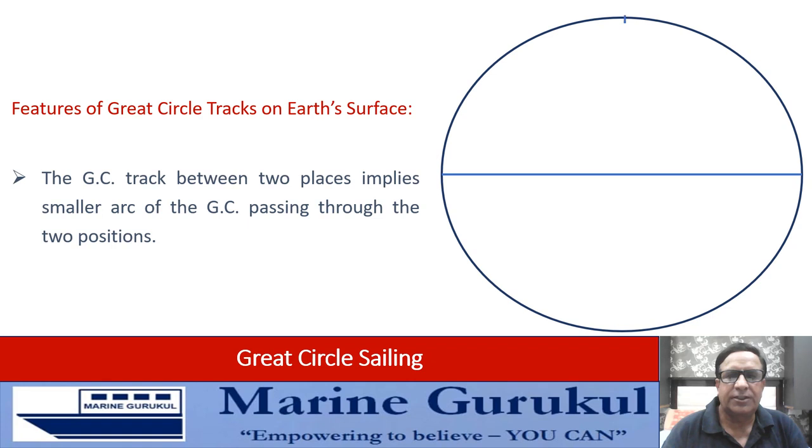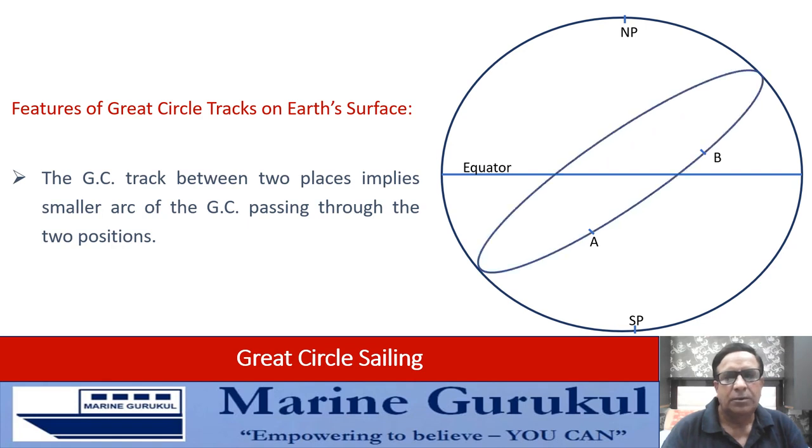What does it mean? You can see in the diagram, we have the surface of the earth, we have the 2 poles, north pole and south pole, and the equator also showing up. Then you have position A and position B on the surface of the earth, and now you have this great circle passing through A and B, because we said unless the points are diametrically opposite to each other, you will have one and only one great circle passing through them.